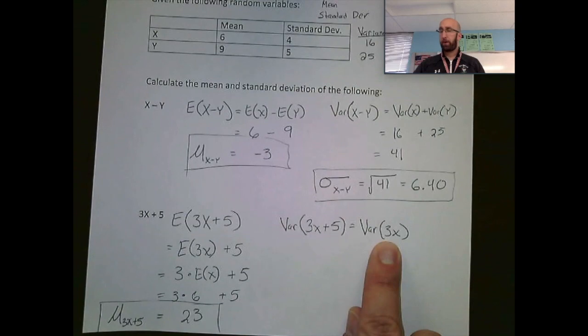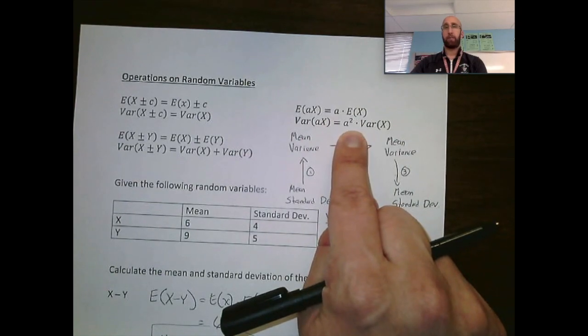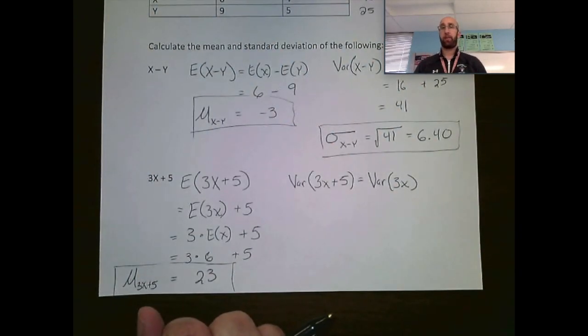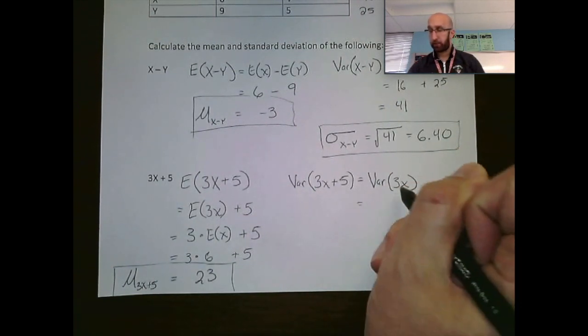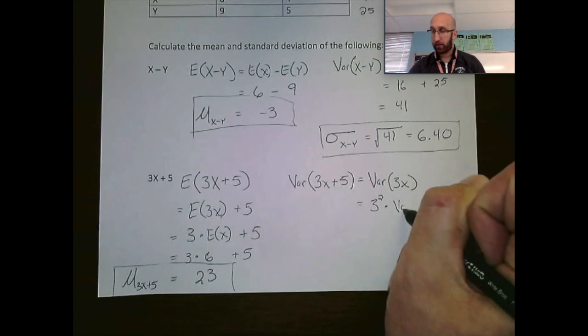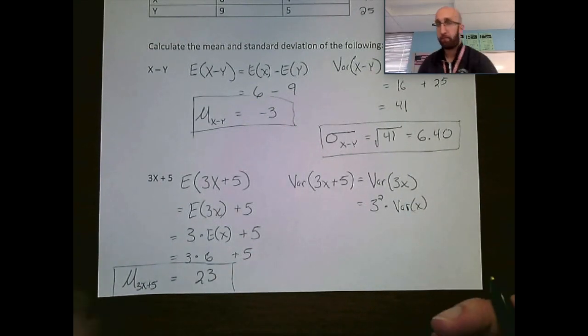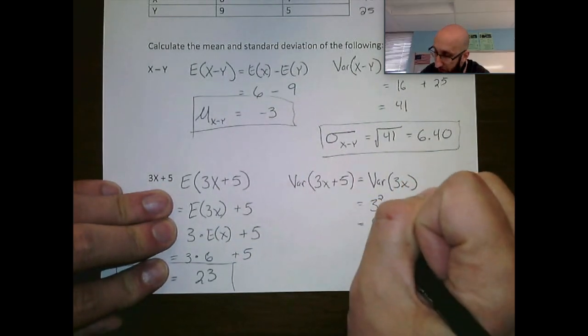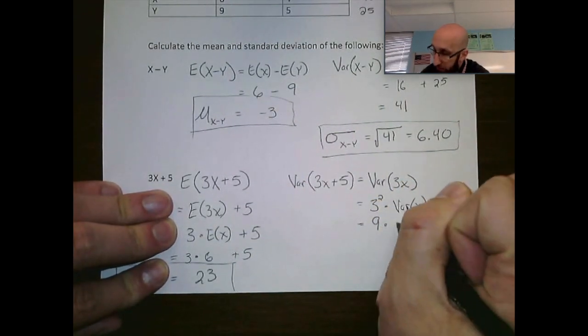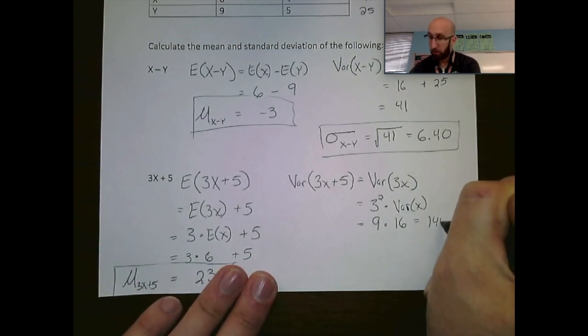When we have a multiplier by 3, if you look up above at our rules, you need to take that multiplier and square it first, and then multiply it by your actual variance. So we're going to take that 3 out and square it and multiply it by my variance of x. So we're talking 9, and my variance of x was 16. 9 times 16 is 144.